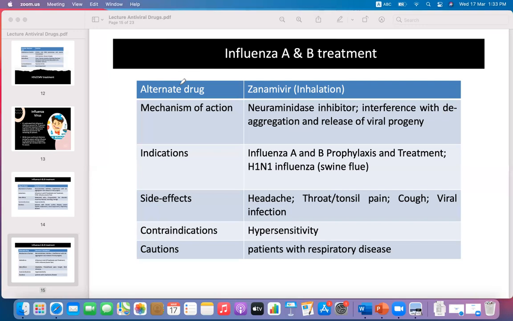So your answer should be zanamivir, which is available as aerosol, or we can say inhalational formulation.